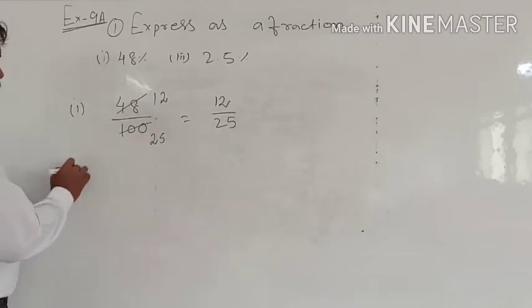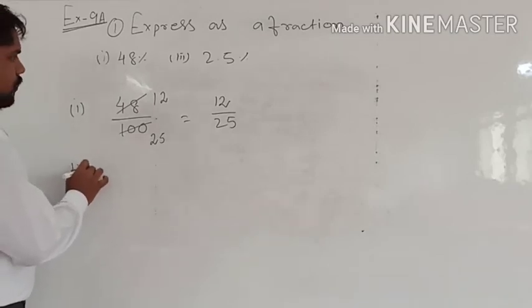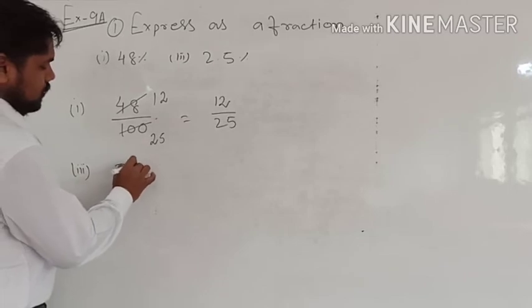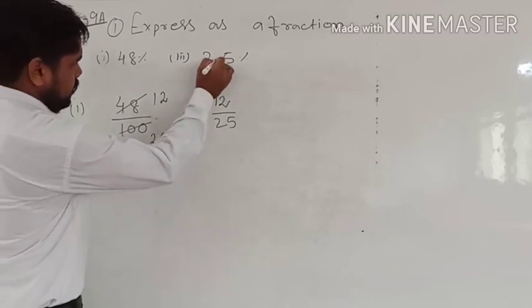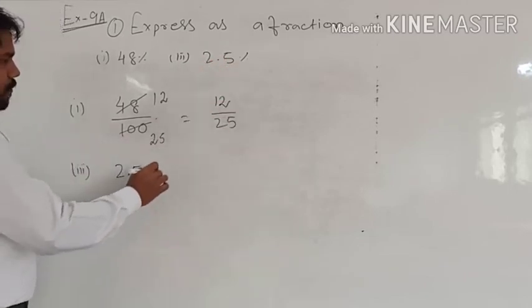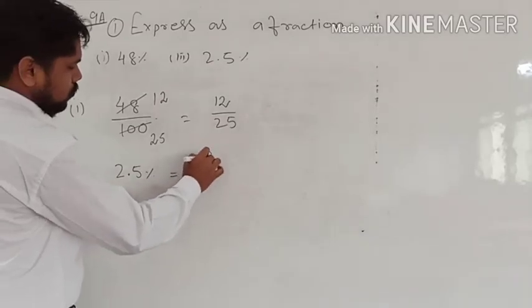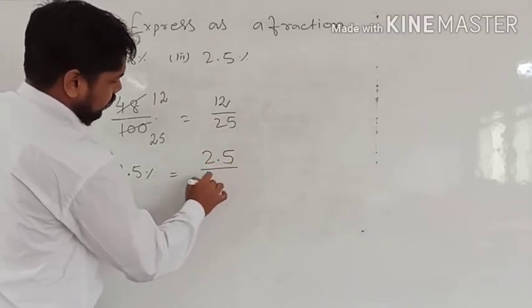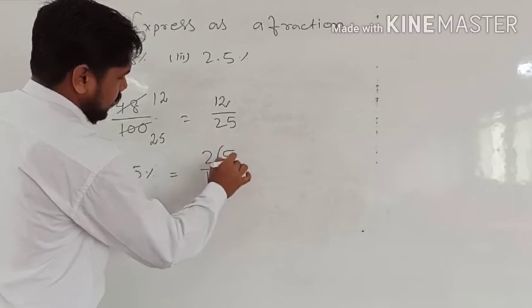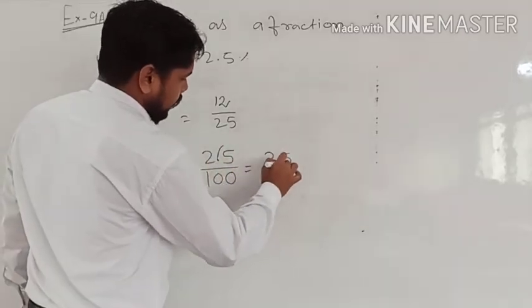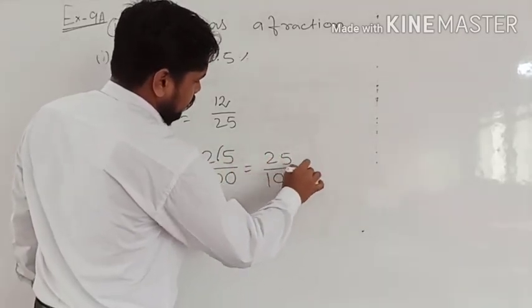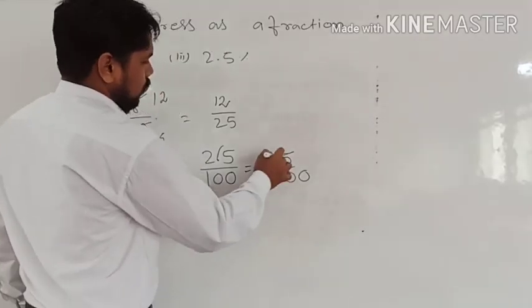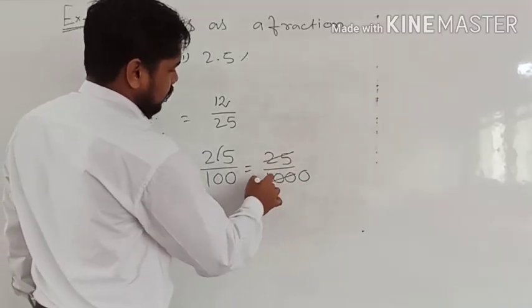The next one we have is question number 3, which is 2.5%. Here a decimal is there. So 2.5% means 2.5 divided by 100. If you remove the decimal, it is 25 divided by 1000. We know 4 times 25 is equal to 100.